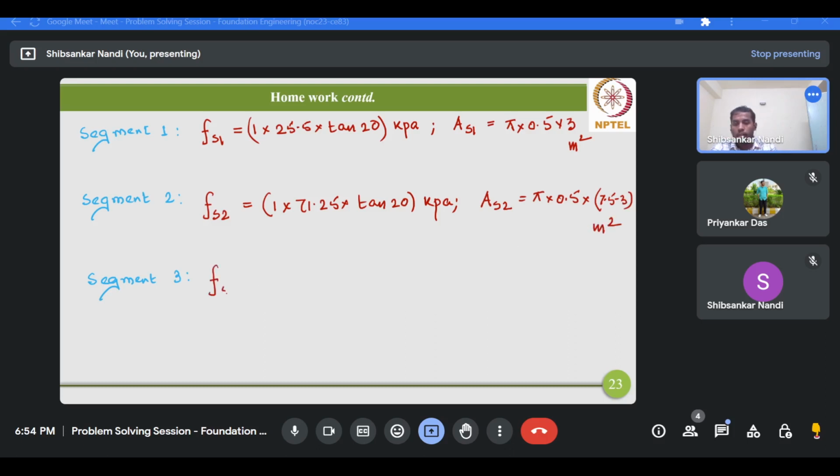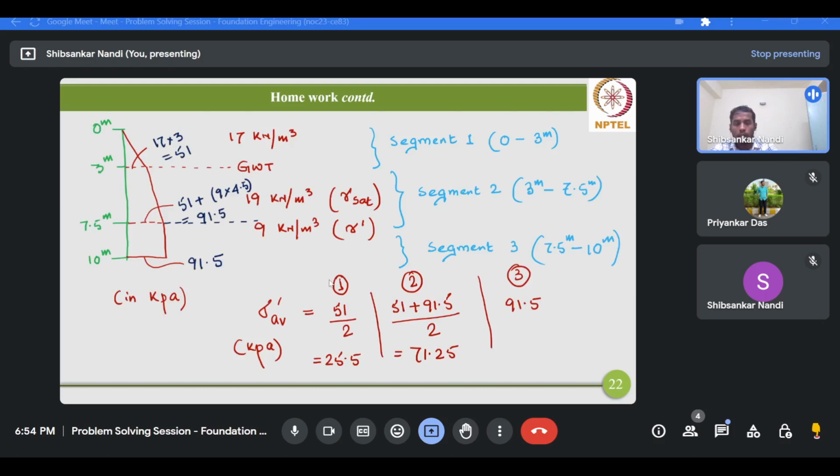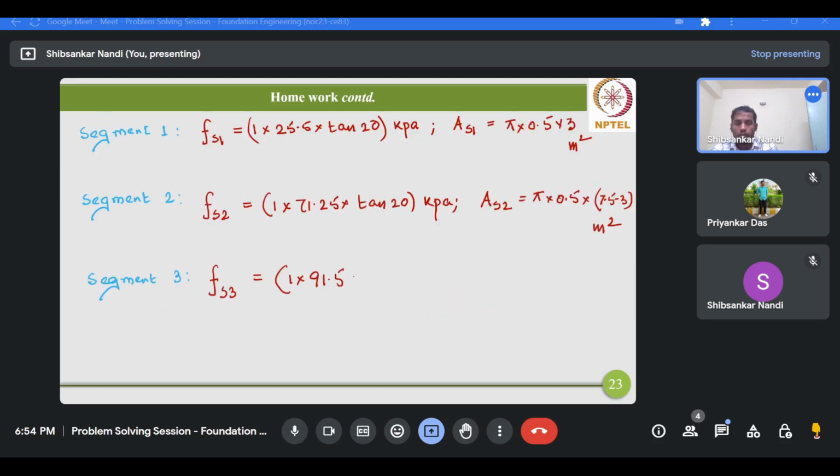And Fs3 would be 1 times 91.5 tan of 20, and As3 is pi times 0.5 into 10 minus 7.5.